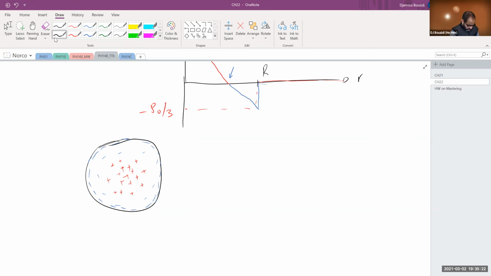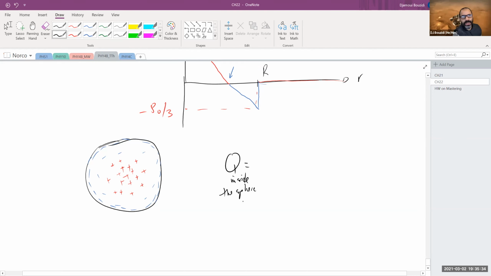The first question is, find the total charge contained in the charge distribution. So we need to find the total charge Q inside the sphere. Obviously, this sphere better be an insulating sphere, otherwise this is not going to work. Okay, so it's going to be the integral over the volume of this charge distribution.